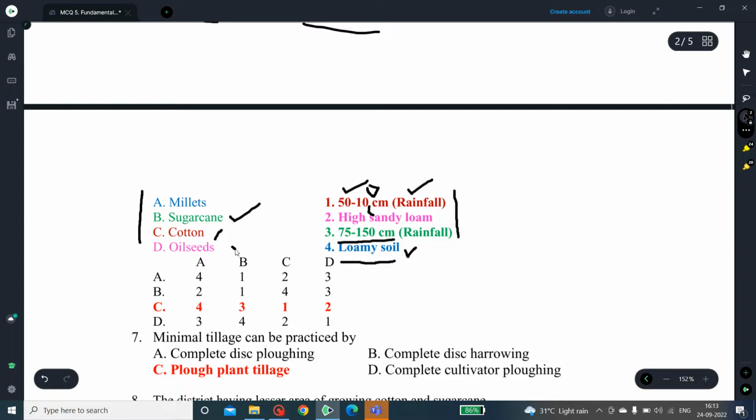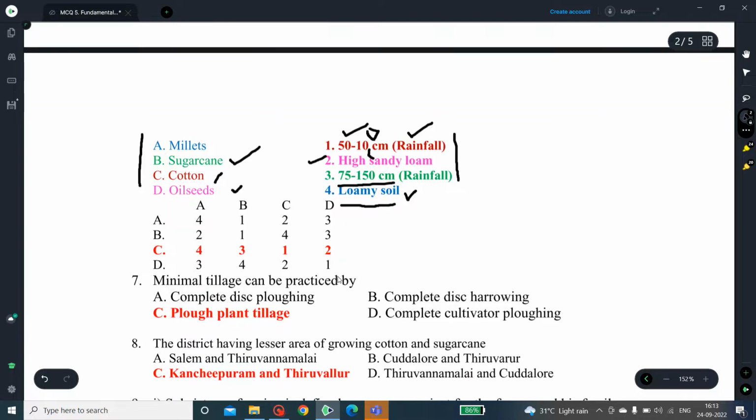For oilseeds, the optimum soil is sandy loam soil. So the correct option is C, that is 4, 3, 1 and 2, as detailed earlier.